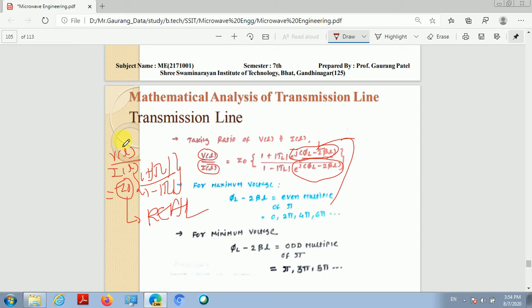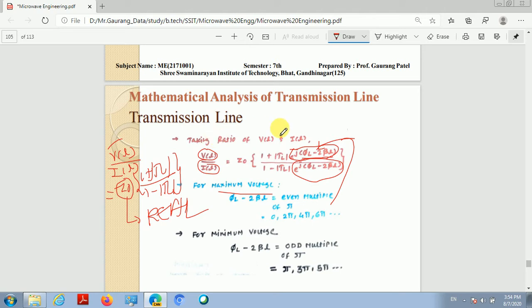So ultimately, when the voltage is maximum, the impedance measured at that location is also real. Very important observation: at the location on the transmission line where voltage is maximum, the impedance measured is real, irrespective of the load impedance.